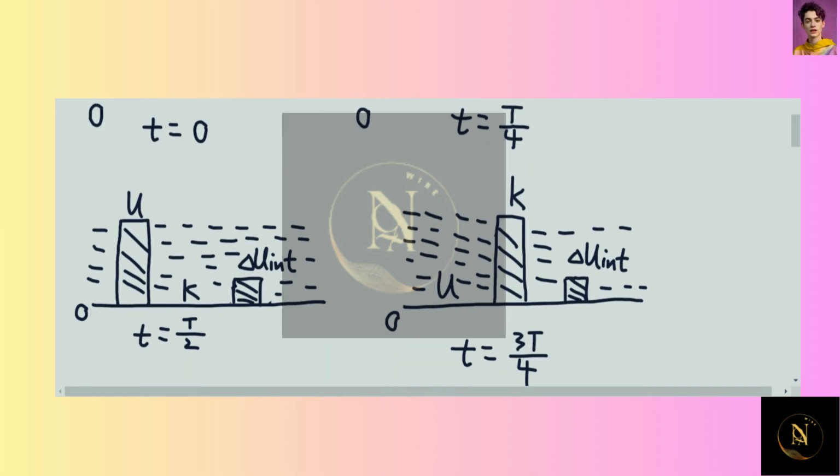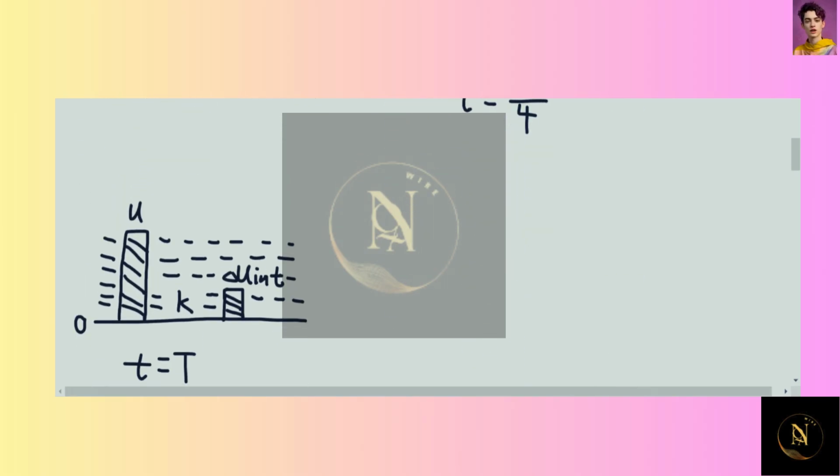And then at time equal to 3T over 4, the potential energy is converted into kinetic energy, and the changing internal energy is still the same because there's still motion going on the rough surface. And then at time equal to T, kinetic energy was converted into potential energy, and the changing internal energy is constant as well.